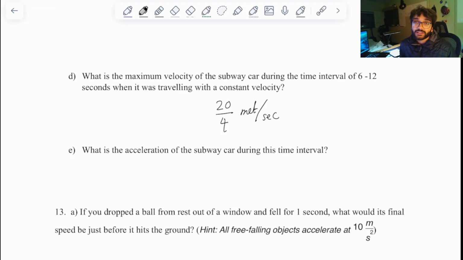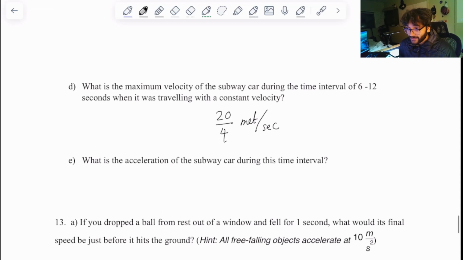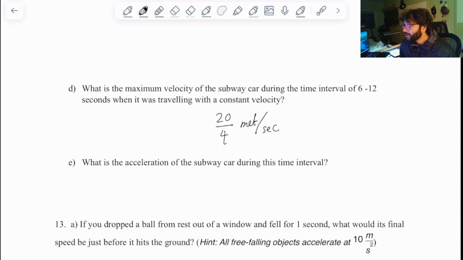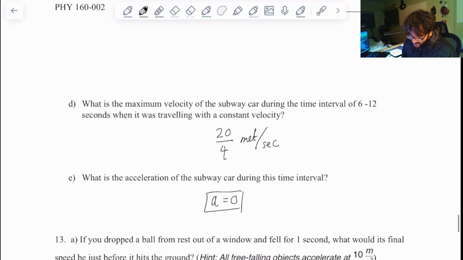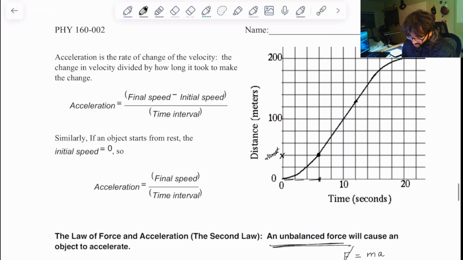That change can be such that the velocity is increasing or can be such that the velocity is decreasing. In this case, between 6 to 12 seconds, which this question is talking about, the velocity is constant, does not change. So if the velocity does not change, then the acceleration is zero. Okay.